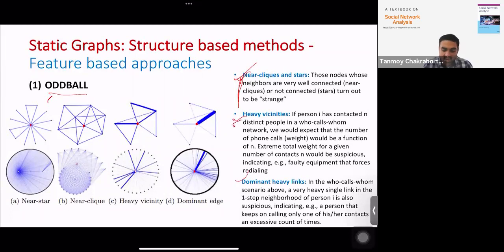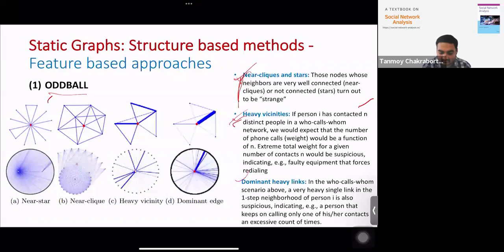The second one was something called heavy vicinities. The idea is that this particular definition was adapted for a particular type of network, and this is the who-calls-whom network. One individual is calling another individual, and you connect an edge between them, and the number of calls between two individuals within a particular duration would define the weight of the edge, right? So I'm just reading this verbatim.